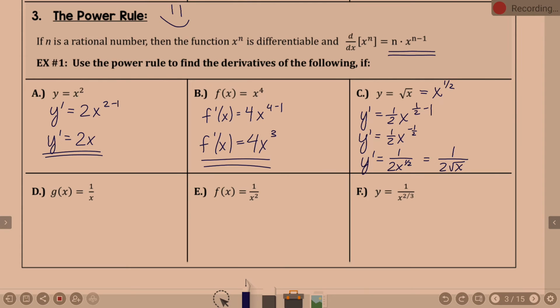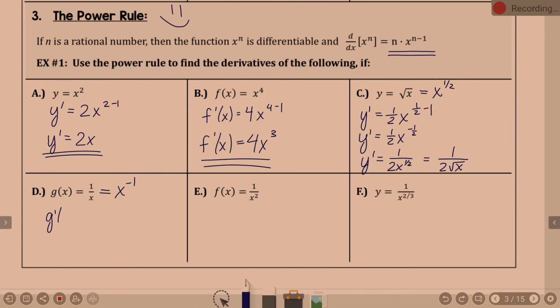Exactly. And unfortunately, you're going to do nothing about this over the weekend, so Monday's going to be a little rough, but that's all right. It'll take practice. What do you know about 1 over x? It's the same as writing x to the -1. Can I use my power rule now? I certainly can.